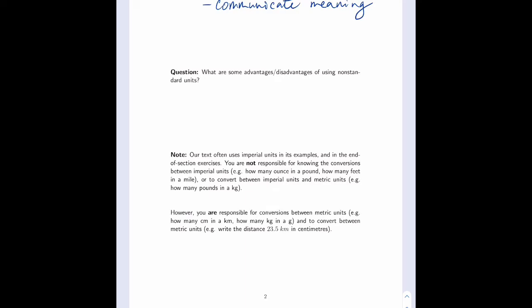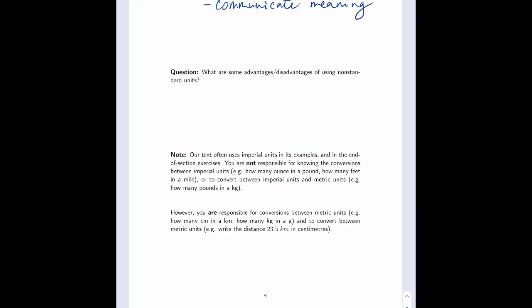So if I told you that my bathtub holds 53 of my favorite coffee cups, that doesn't tell you a lot because you don't know what size my favorite coffee cup is. But if I tell you that it's a certain number of gallons, that's probably more informative. So standard units allow us to communicate meaning when others are not present.